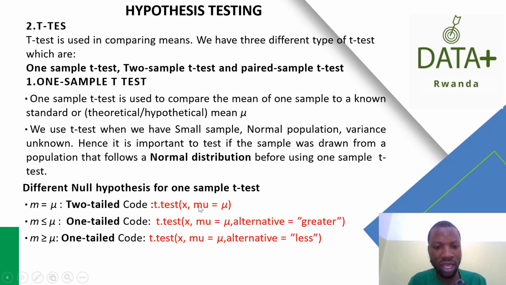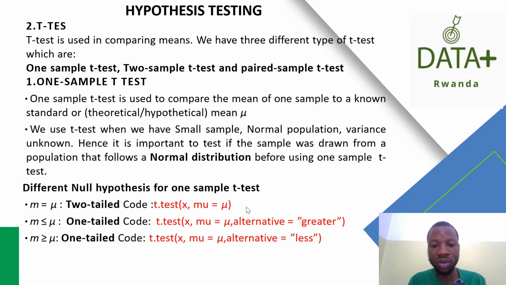We say t-test x, the value that we are looking for, and the mean that they are stating. For one sample t-test in application, let's say for example we have a product, a biscuit, and we say that the average sales of the product called biscuit is 500.